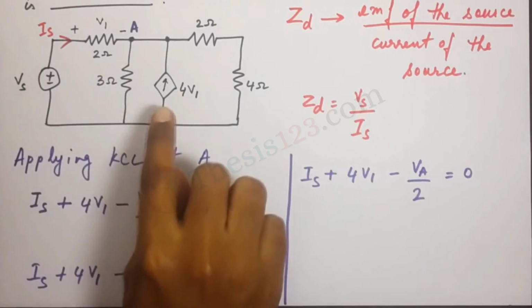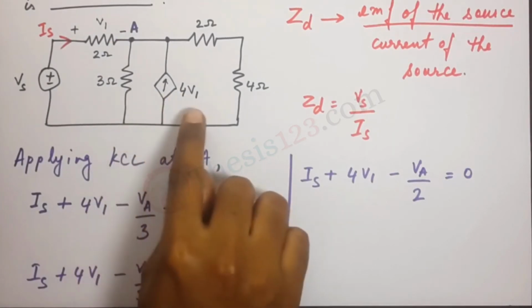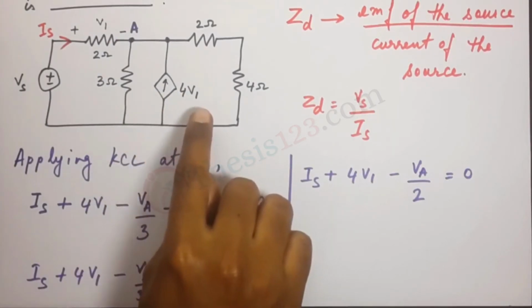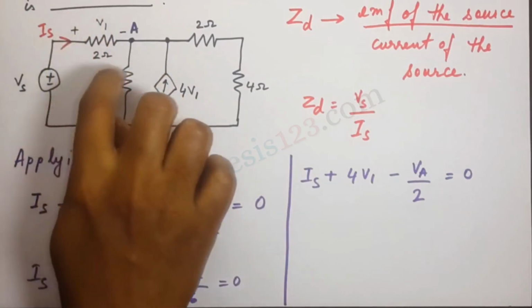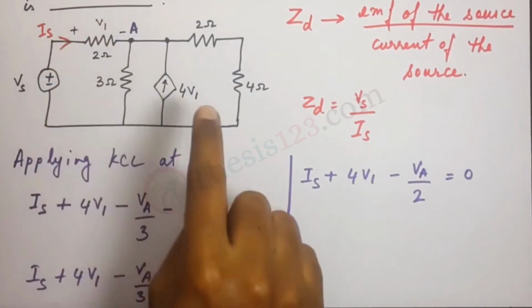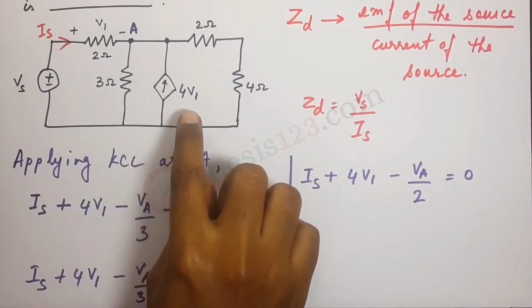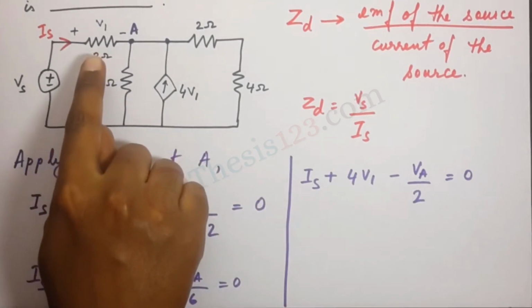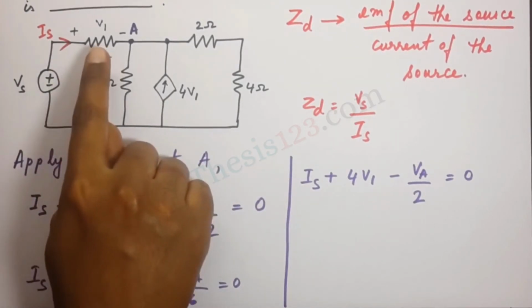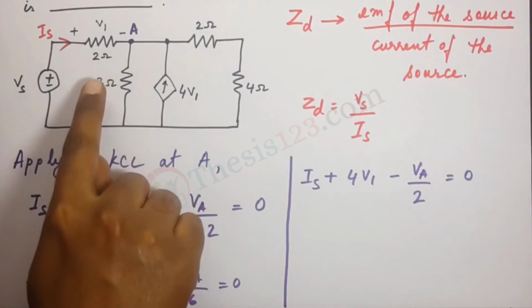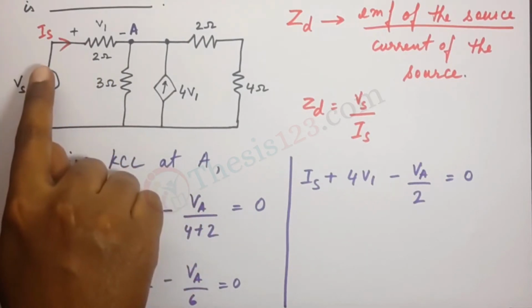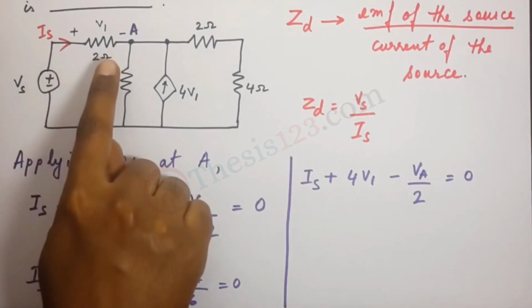And here the current from this current source is 4 times V1. So if we were to calculate just that corresponding to what is given over here, let's look at just the resistance there. V1 is the voltage across that resistance, 2 is the value of the resistance and Is is the current passing through that resistance.